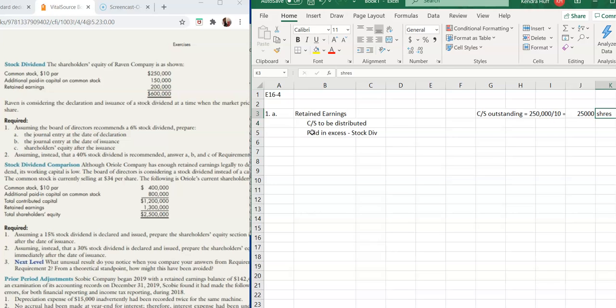Good Lord, y'all, I can't type anything. And it's a 6% stock dividend percent. So multiply that. And this is shares to be issued.